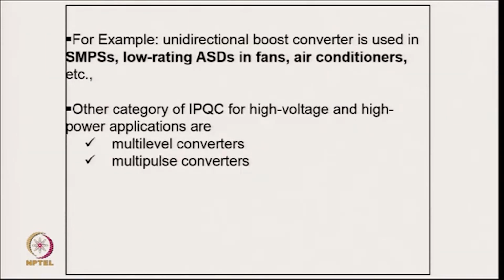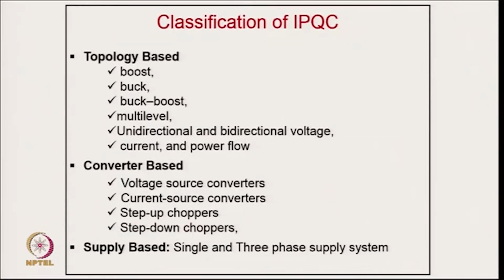For example, the unidirectional boost converter is used in switch mode power supplies, low power adjustable speed drives in fans, air conditioners, welding machines, and other home appliances including washing machines, and even ceiling fans. There are other categories of improved power quality converters for high voltage and high power applications, like multi-level converters and multi-pulse converters.